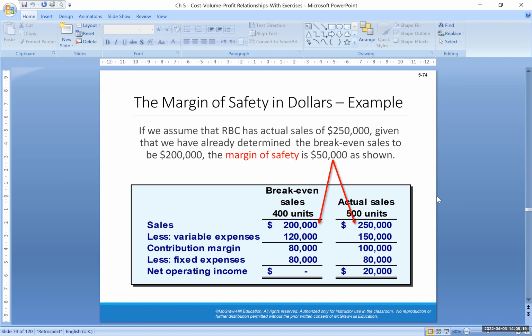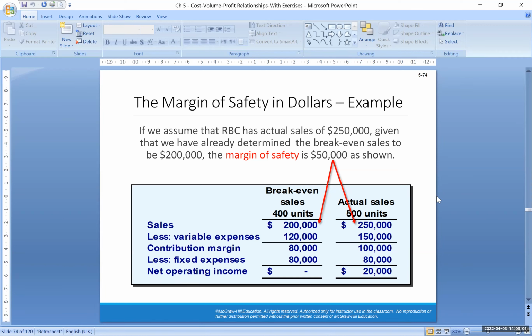If you remember this example, we calculated the break-even for this company to be $200,000 in sales. If we actually sell $250,000, then the difference is called the margin of safety, the difference between actual sales and the break-even sales. Then the margin of safety is equal to $50,000, which is the difference between the $250,000 actual sales and the break-even sales of $200,000.